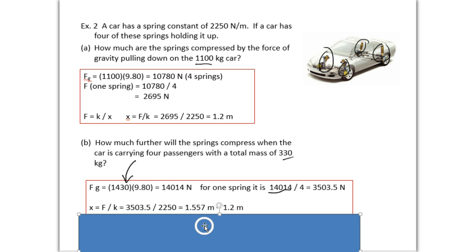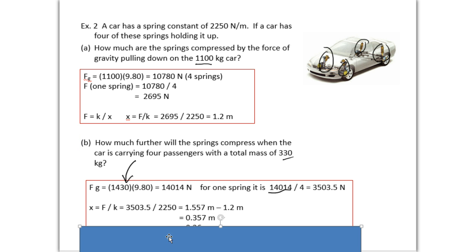Now what you have to remember is that's the complete push down on the car. What we already figured out was that the non-loaded car will push down 1.2 meters. We're going to find out how much extra. If you think of it this way, here's your spring.